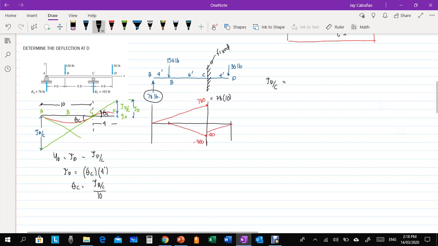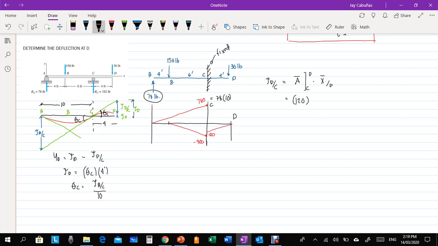It is just the moment area from C to D, then the centroid relative to D. Okay? So what is the area? Since it is just the C to D area, from D to C, this is its area. Okay? So it is just 120.